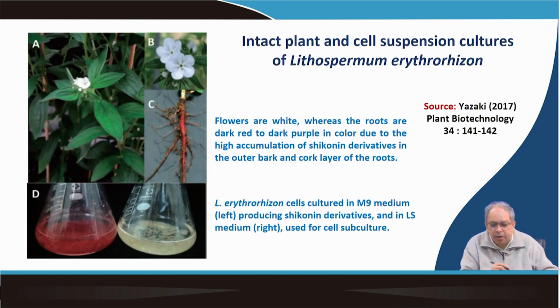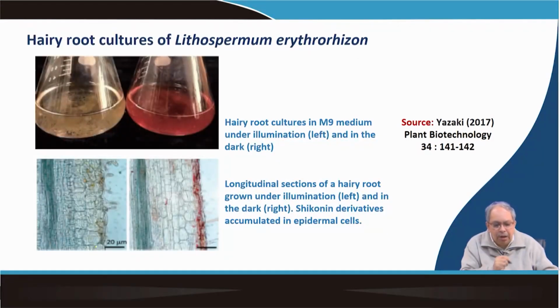Now, I have also mentioned that shikonin accumulates in the root. That is why it is red in color, and under dark conditions shikonin accumulation happens. Also, the hairy root cultures are capable of producing shikonin using a particular medium, for example, M9 medium is very good for induction of shikonin.